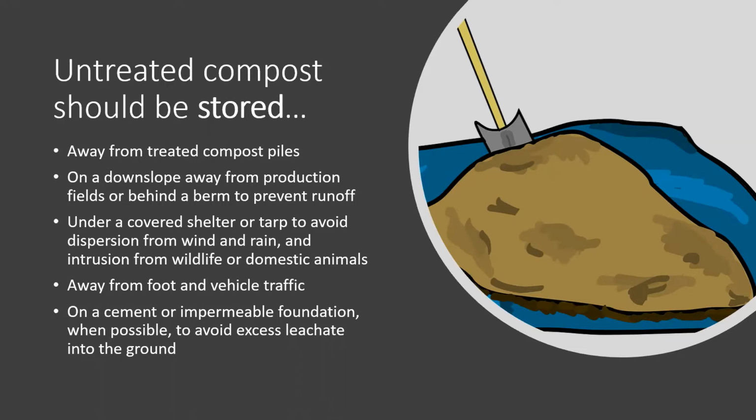So untreated compost should be stored away from treated compost piles, downslope away from production fields or behind a berm to prevent runoff, under a covered shelter or tarp to avoid dispersion from wind and rain, and possible intrusion from wildlife or domestic animals. And then away from foot and vehicle traffic. Also on a cement or impermeable foundation, such as packed clay or bentonite clay, when possible, to avoid excess leachate into the ground. Next slide.